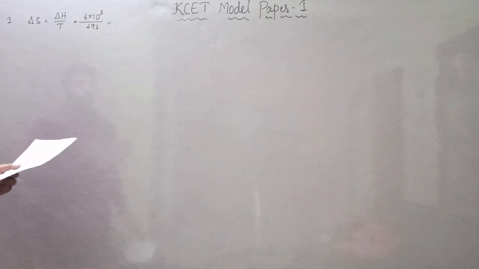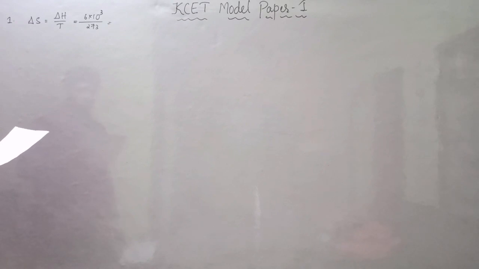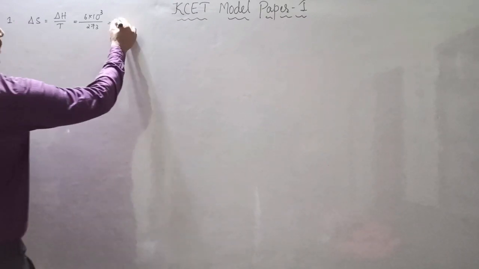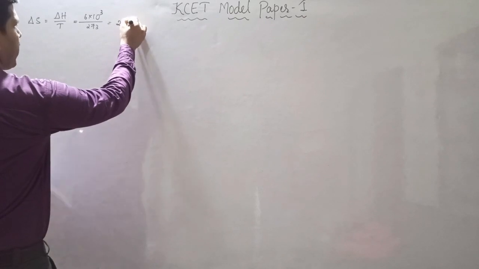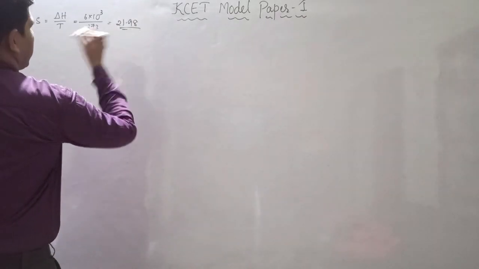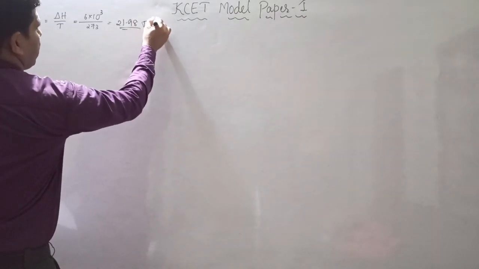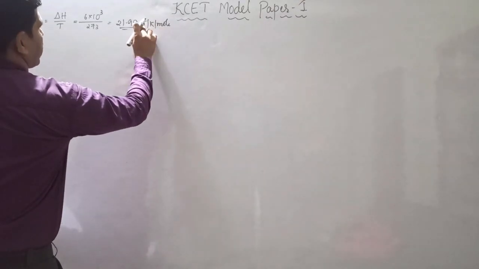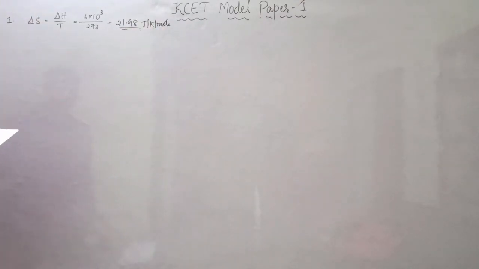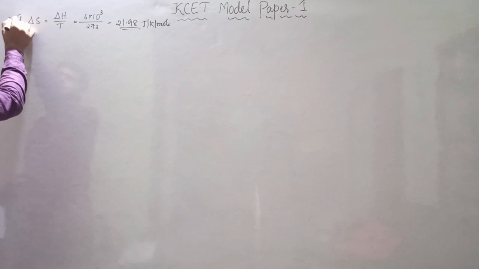It is 6000 divided by 273, approximately 21.98 joule per Kelvin per mole. Option D is the right choice for this.